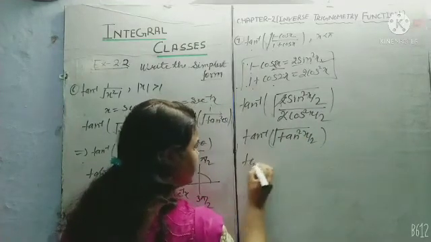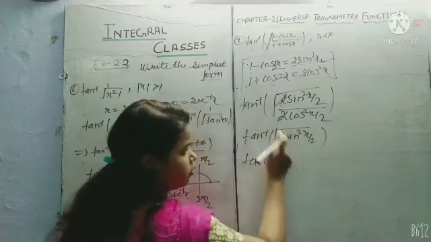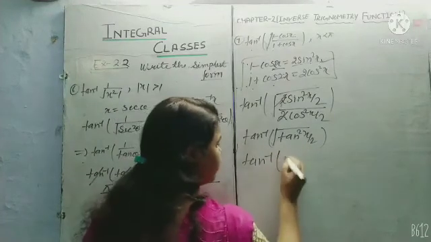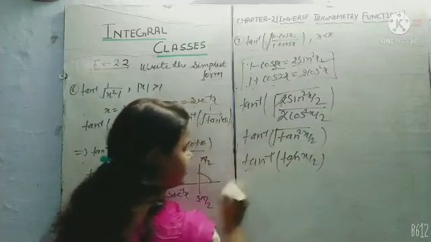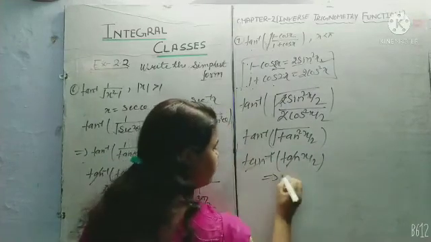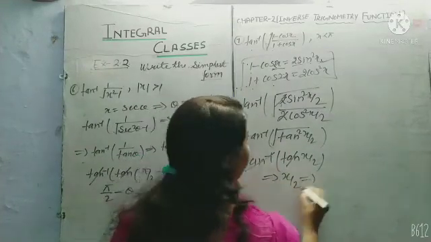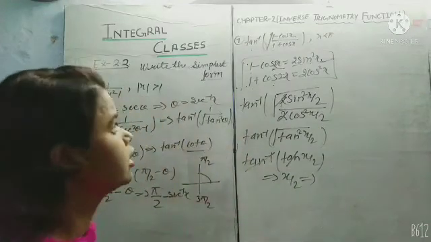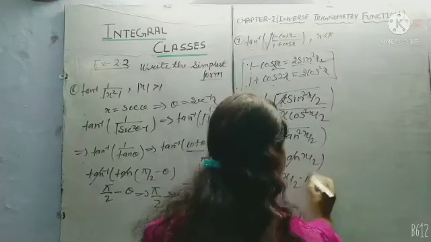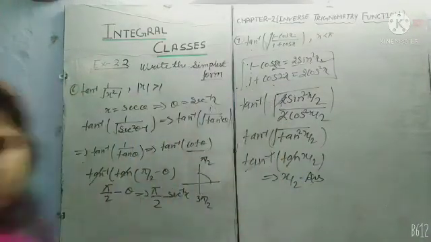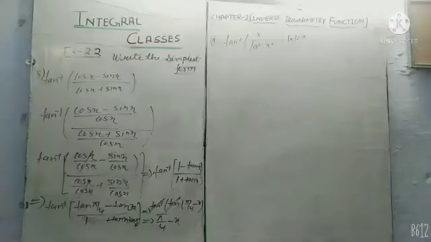Now it comes outside the root, and we get tan inverse tan x by 2. Tan inverse and tan are cancelled, so we get x by 2. This is the answer of this question: x by 2.